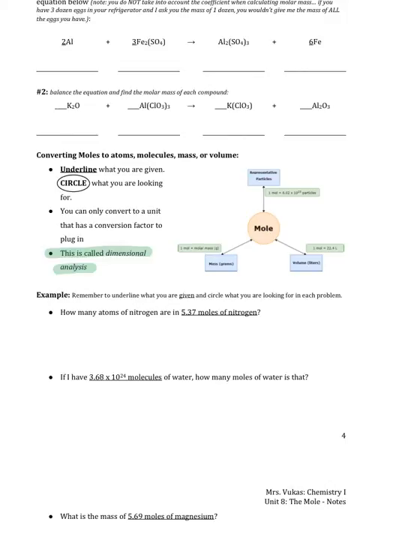What that graphic is showing us is how we convert between, let's say, moles to grams, maybe between moles and liters, or maybe between moles and particles. Now, representative particles can mean atoms, molecules, or formula units.